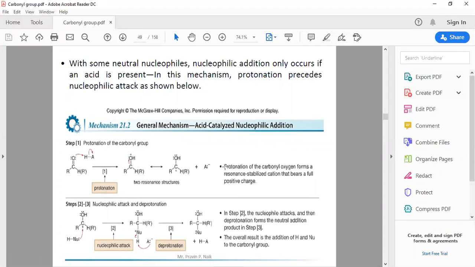So in the first step, protonation of carbonyl oxygen forms a resonance stabilized cation that bears a full positive charge. You can see here the cation bears a full positive charge, and in the second step the nucleophilic attack happens here and the deprotonation from this proton.